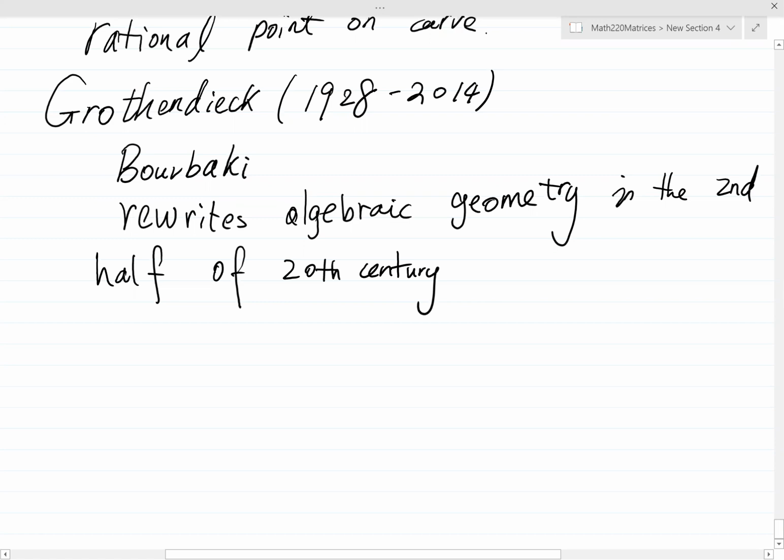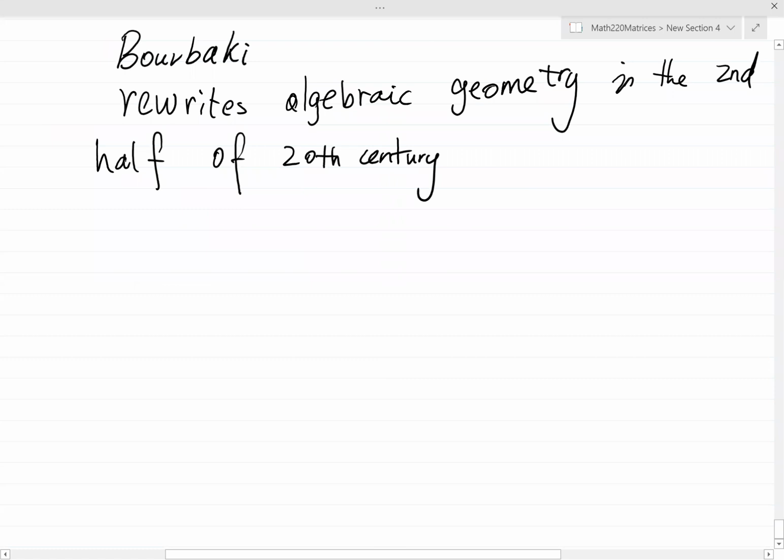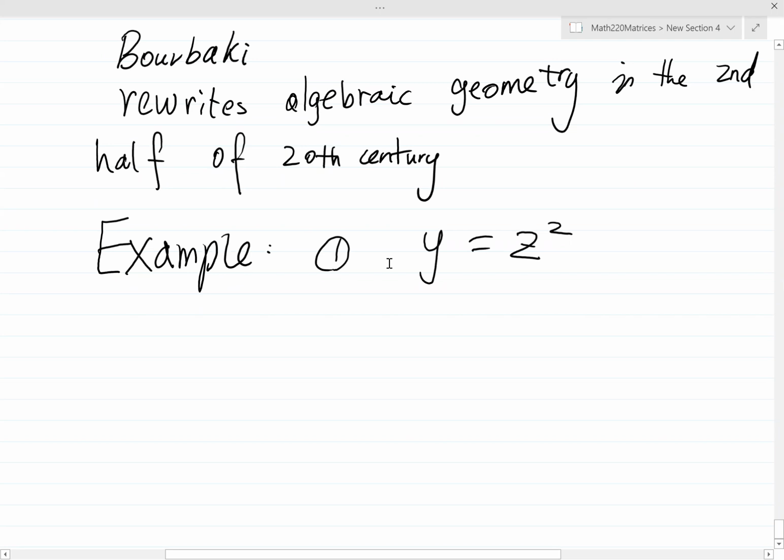Okay, let's do some concrete example cases and see what this looks like. Example 1: y equals z squared.